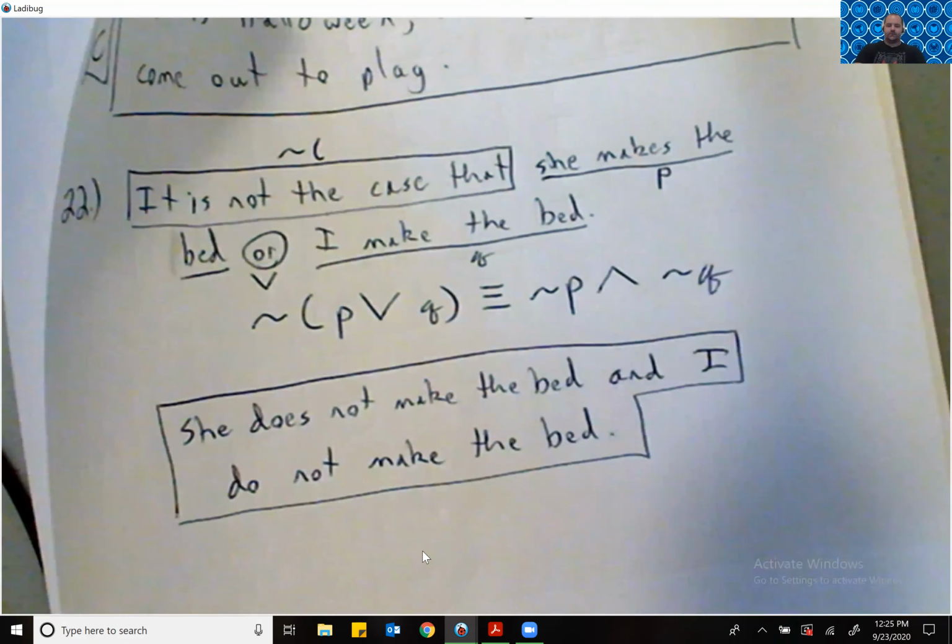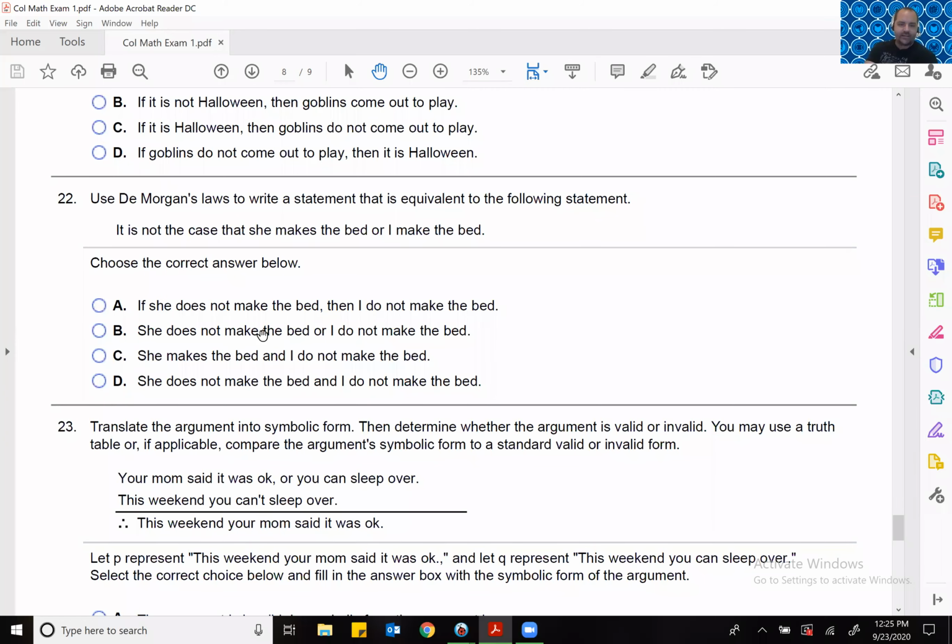Right, so we come back in here. Doesn't start with an if. She does not make the bed, or, okay, it's not that one. That says or. She makes the bed. Nope, that's not right. She does not make the bed, and I do not make the bed. There it is.